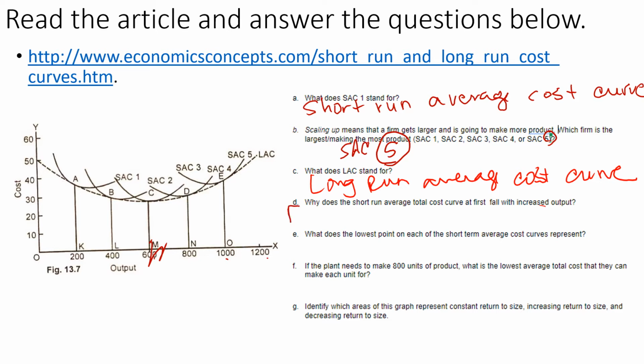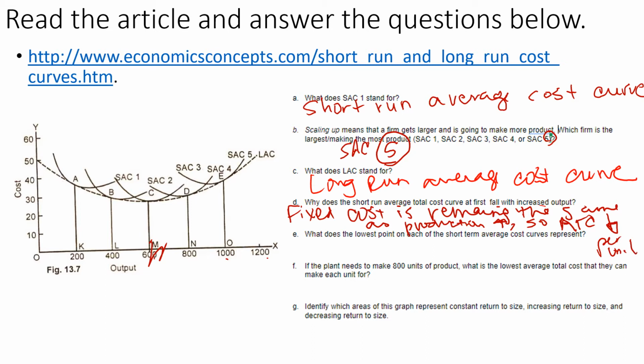So we could just say fixed cost remains the same as production increases, so average total cost decreases per unit. Okay, so that goes back to that cookie example with Grace's cookies.